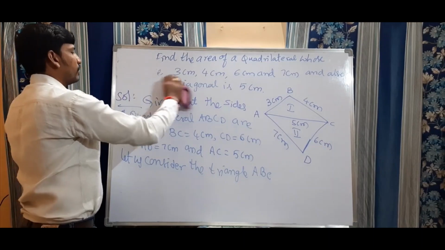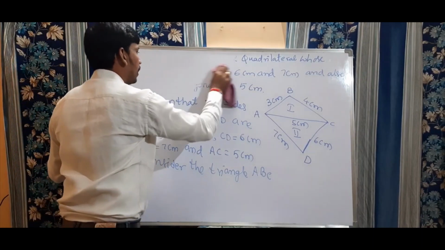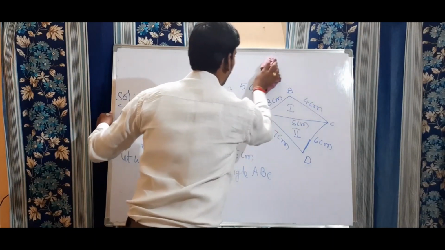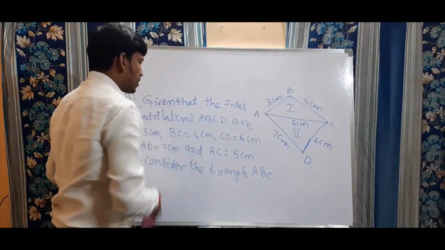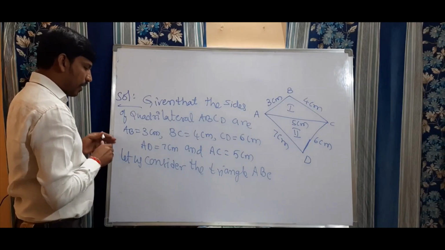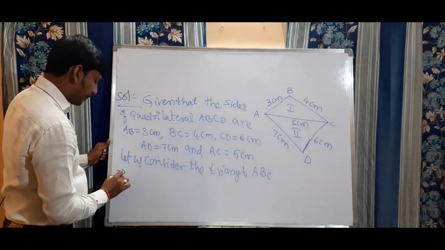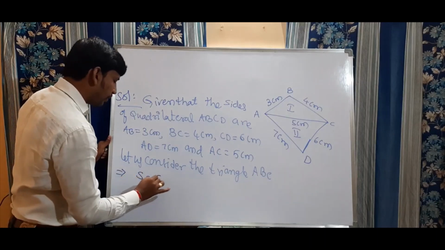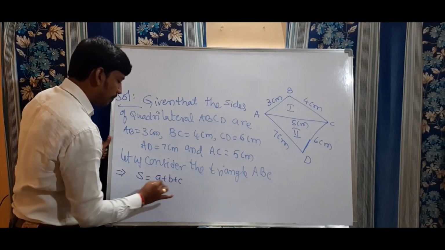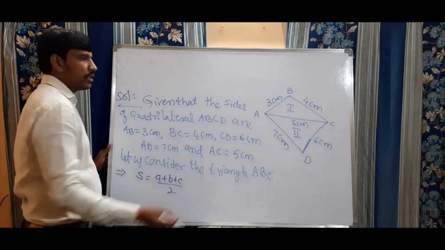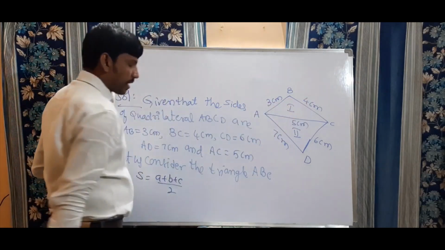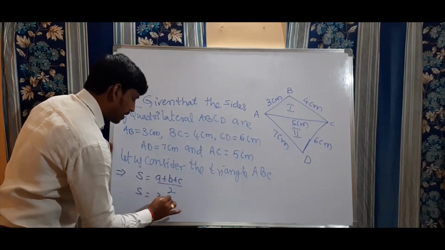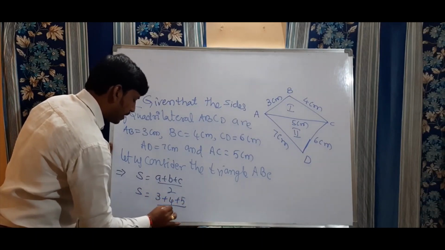Clear? So now, see this here. To find the semi-perimeter, you need to find the sum of all the sides. That means we need to first find S. Here S is equal to (a plus b plus c) by 2. Now S is equal to 3 plus 4 plus 5 by 2.